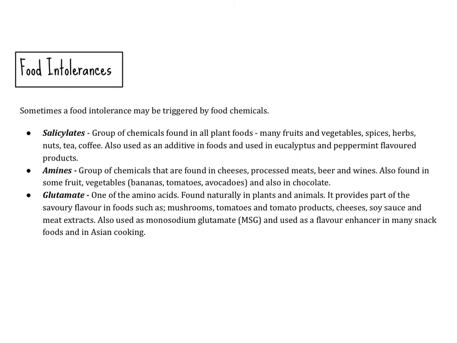Sometimes a food intolerance can be triggered by food chemicals, and these are the common groups of chemicals that can cause food intolerances. The first group is salicylates. These are groups of chemicals found in all plant foods. Many fruits, vegetables, spices, herbs, nuts, as well as tea and coffee can contain these chemicals. It's also used as an additive in food, and it's used in eucalyptus and peppermint flavored products.